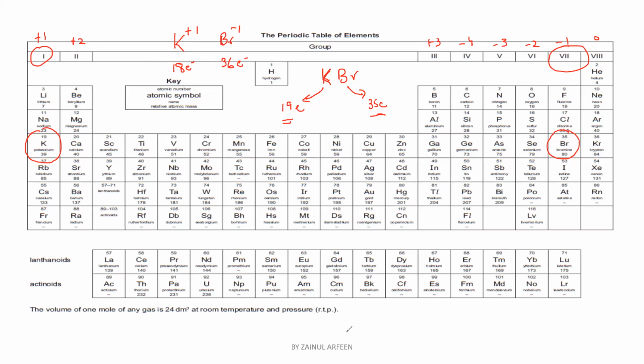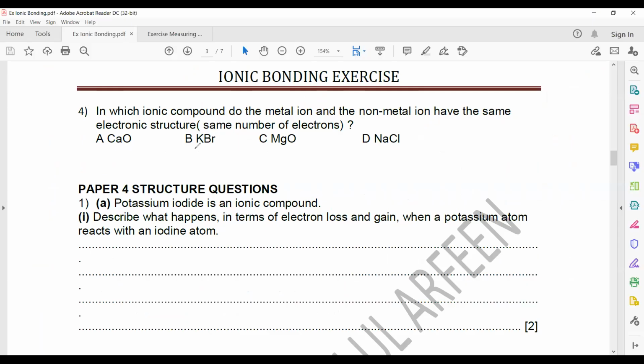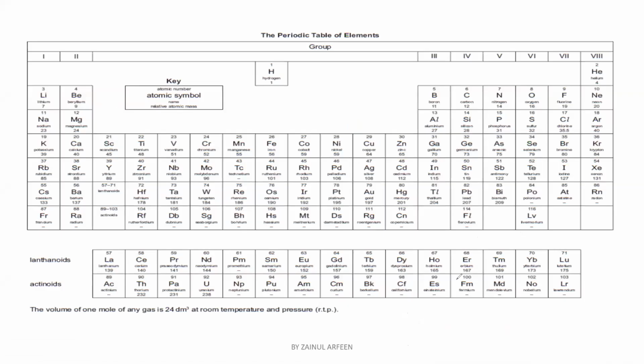So it cannot be the second option as well. Now when we check the third option, it is magnesium oxide, because we want that option in which both ions have the same number of electrons.